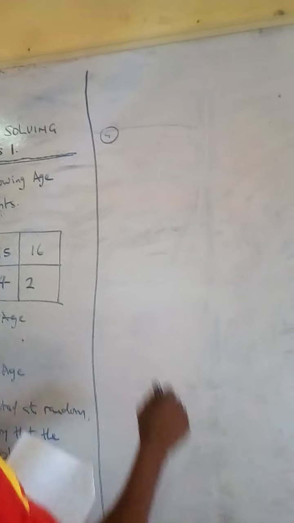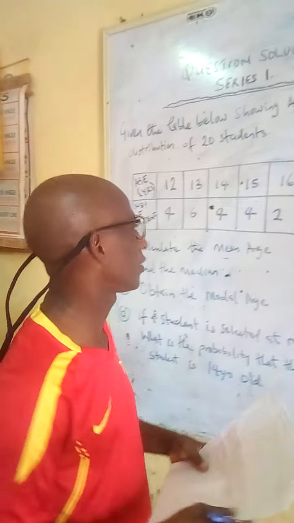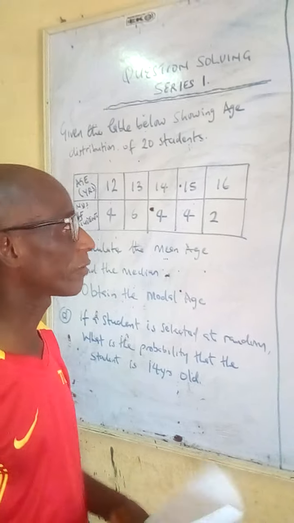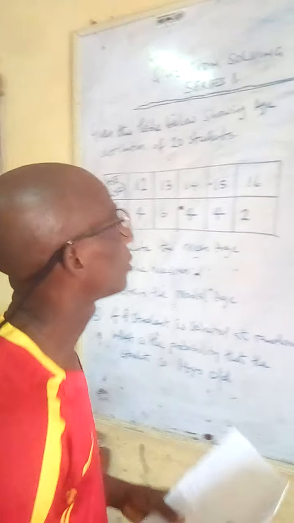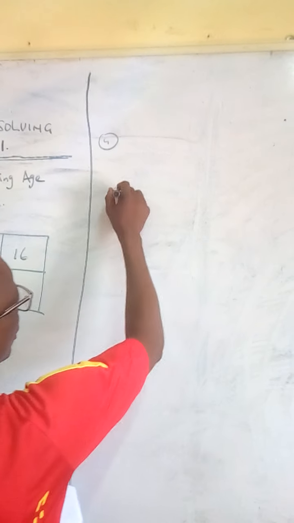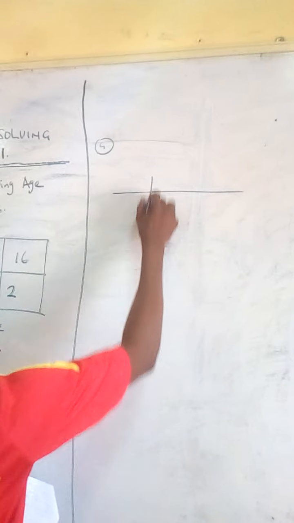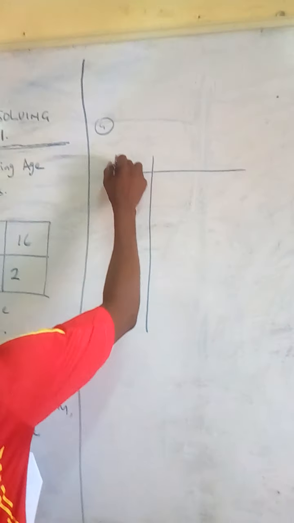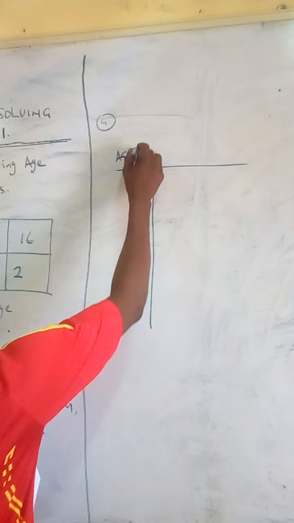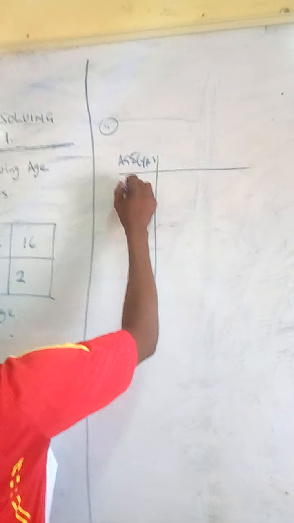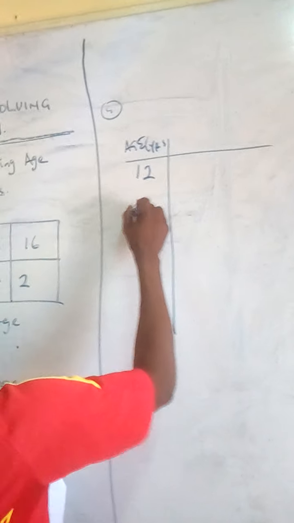Question A. We know that when we are given our table in horizontal form and we have to find the mean, we will need to change the orientation of our table to a vertical or columnar form. We have 12, 13, 14, 15, and 16.